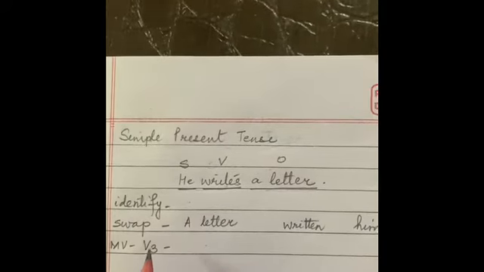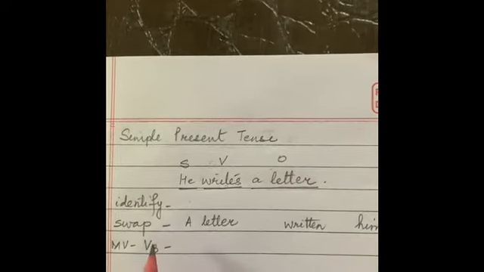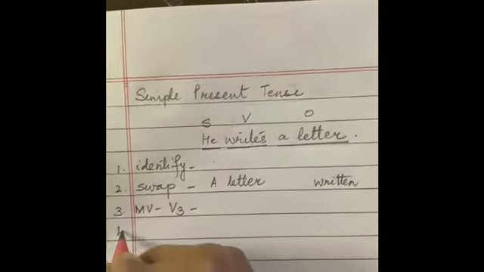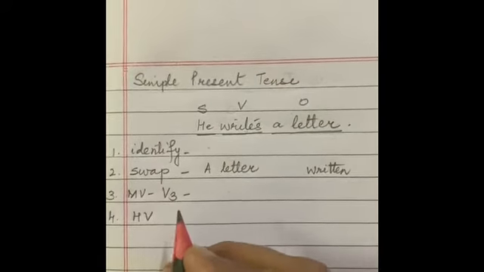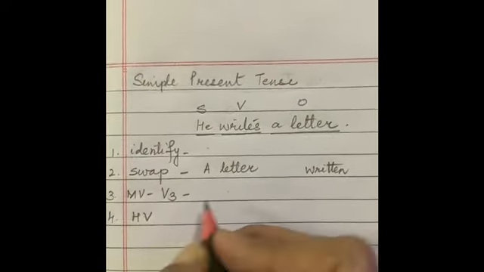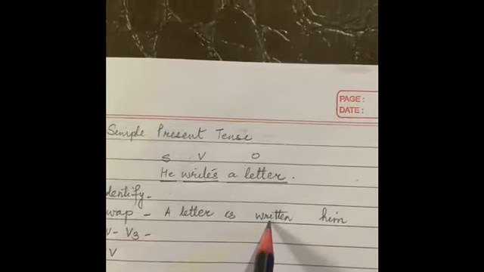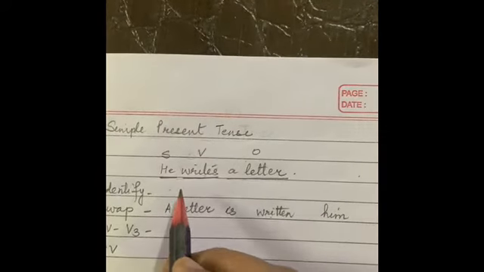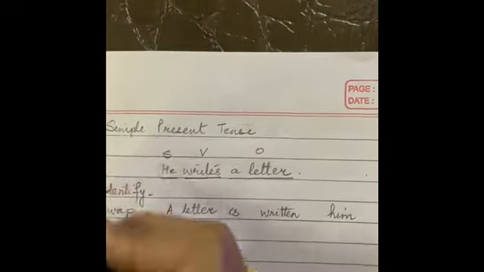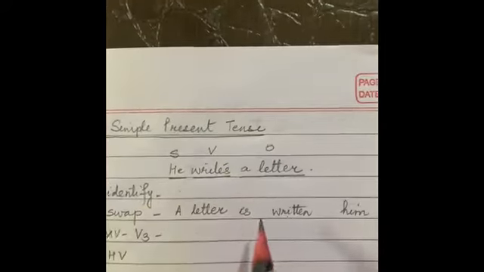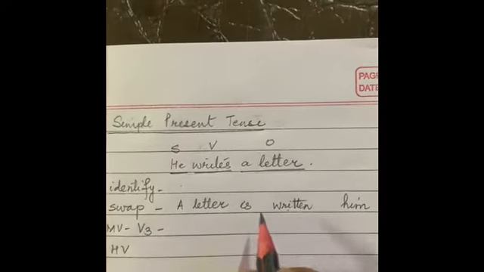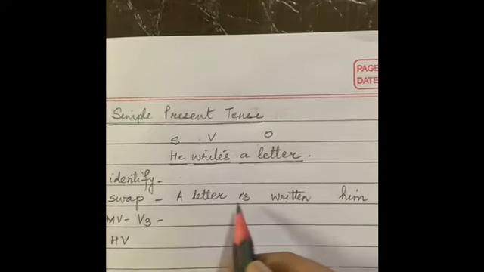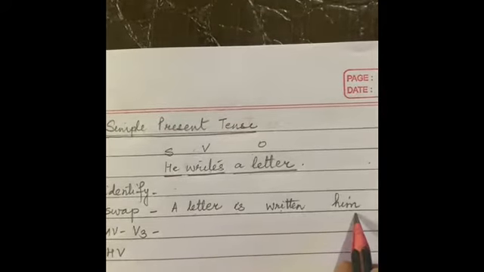In step 4, we need to add the helping verb. So it will be is before written, as it is simple present tense. Now read the sentence. It is: a letter is written him.